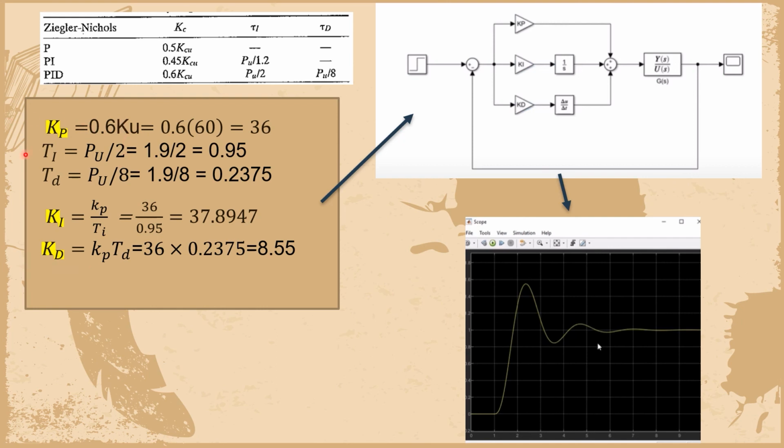After we get our Kp, Ki, and new Kd, we plug them into our PID controller, and then we scope it. Here we can see the response. Here is the response from the Ziegler-Nichols method.